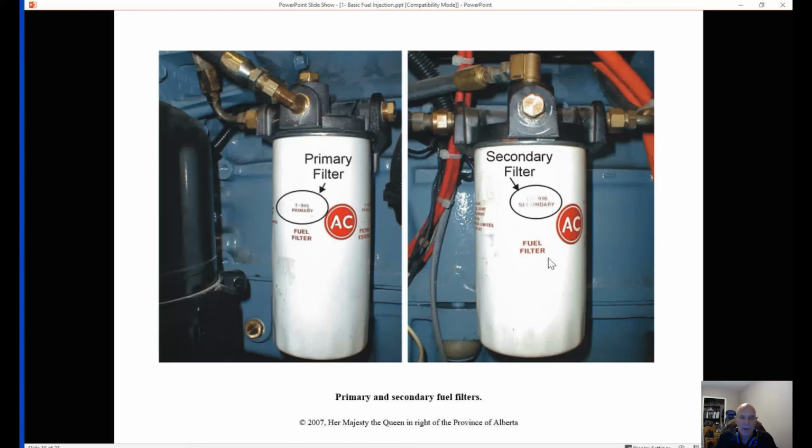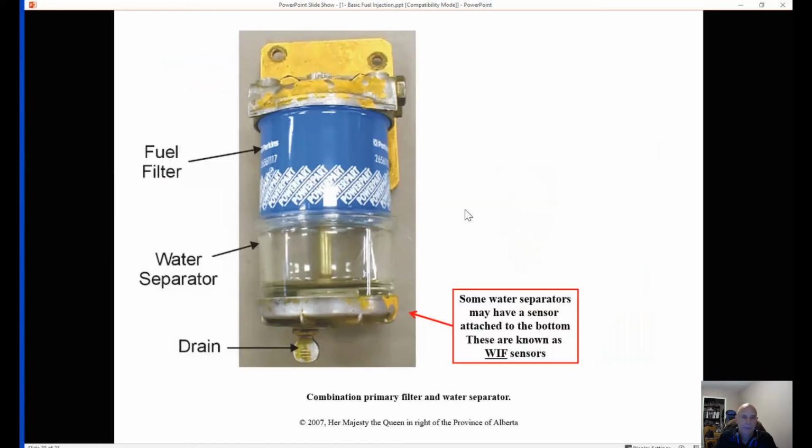We talked about primary and secondary filters. Most systems have a primary and a secondary. The primary is on the suction side, secondary is on the pressure side. The other thing we might see on a primary filter is a water separator.